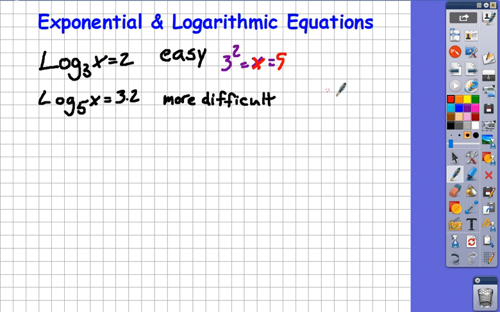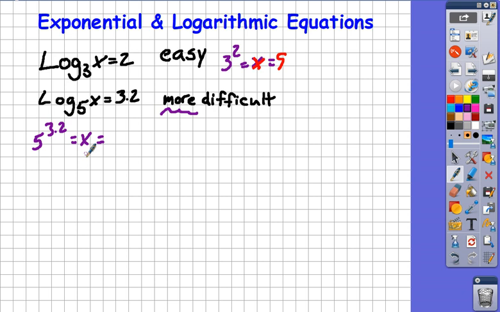Down here, slightly more difficult. I say that with kind of sarcasm, because just use the definition of a logarithm here, right? 5 to the 3.2 power equals x. Well, we can do 3.2 in our calculator, can't we? That's really easy to do.